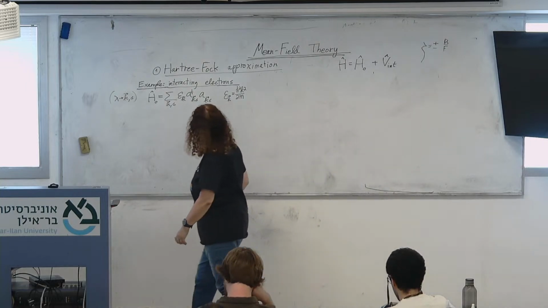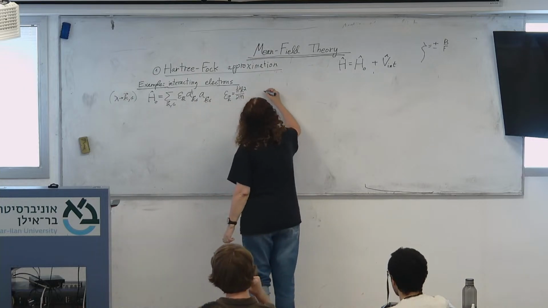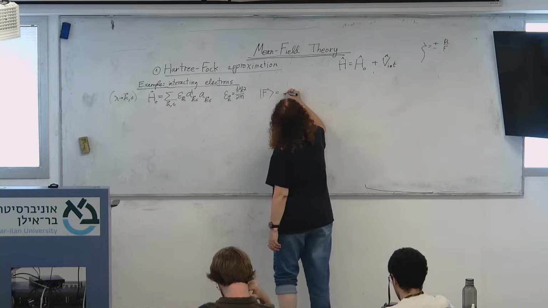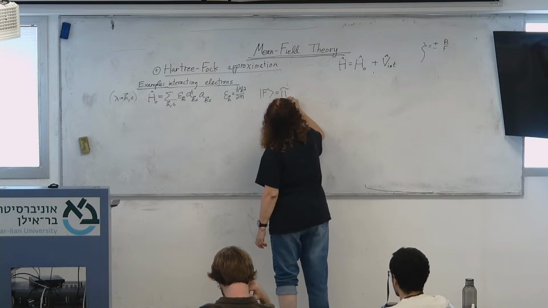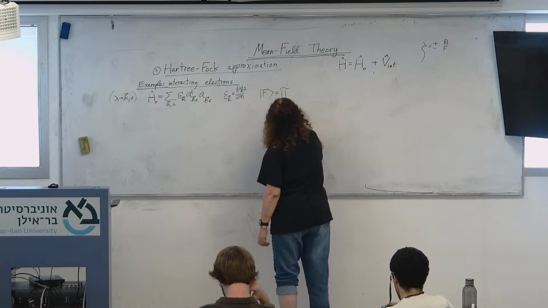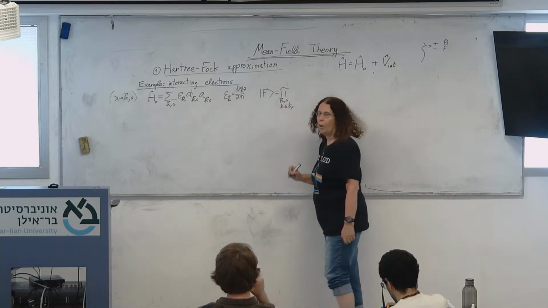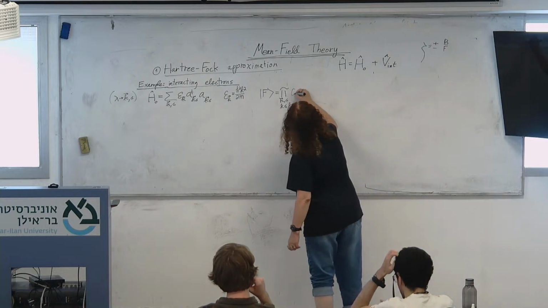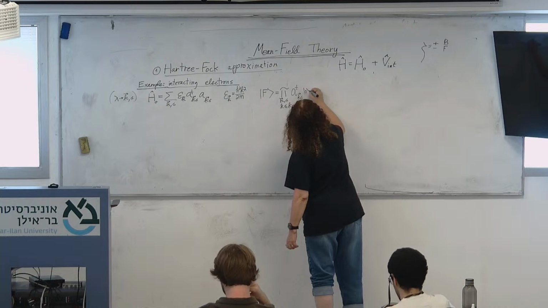All right, and we know that the ground state is a product over all k and sigma, for which k is inside the Fermi ball, of a dagger k sigma acting on the vacuum.